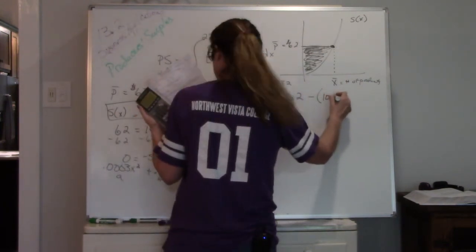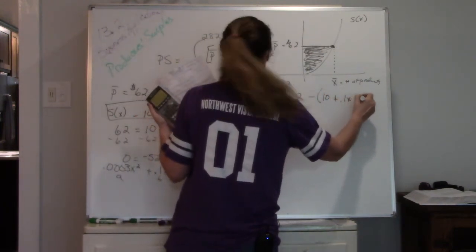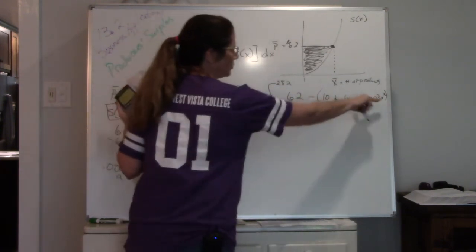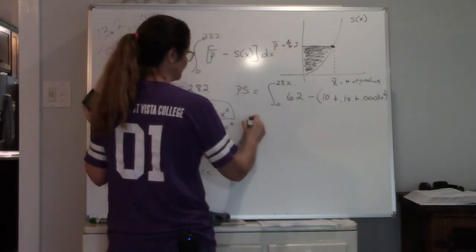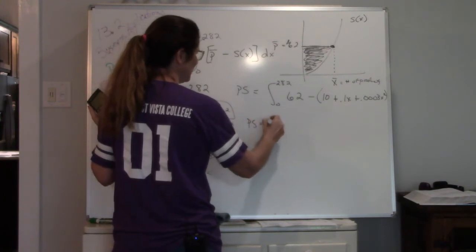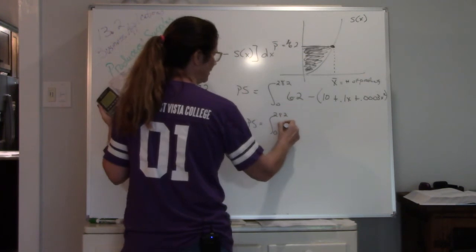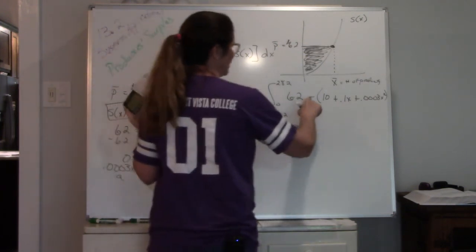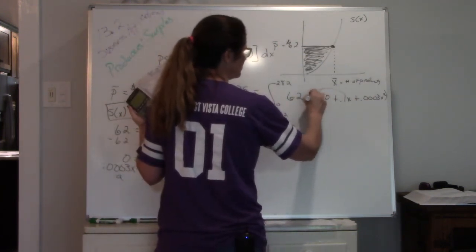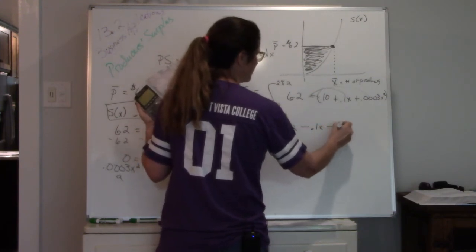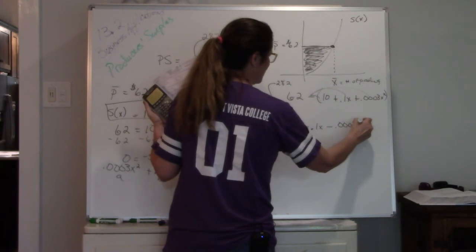Notice I am putting it in parentheses because this negative needs to get pushed through everything. So my producer surplus is between 0 and 282. 62 minus 10 is 52. This negative gets pushed through everything, so minus 0.1x minus 0.0003x squared.